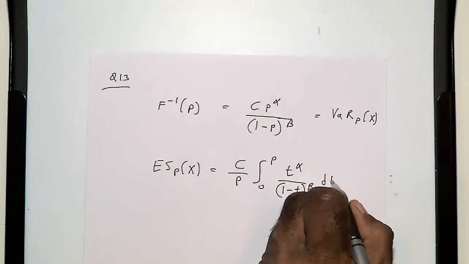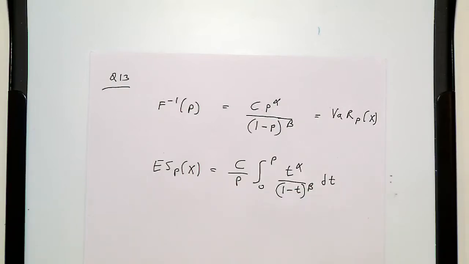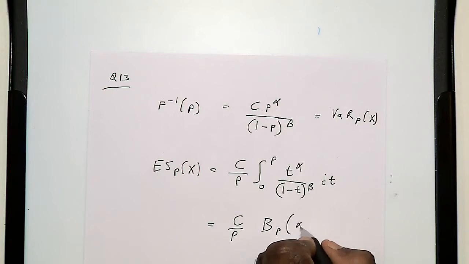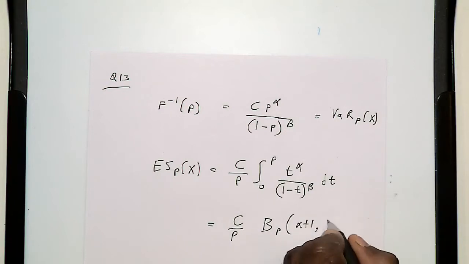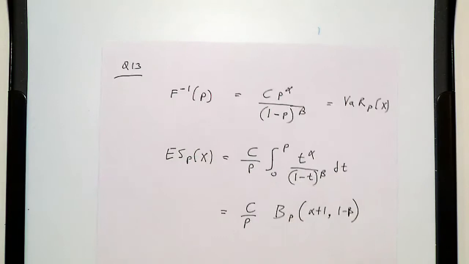Now you may remember something known as the incomplete beta function, which I introduced a couple of weeks ago. So using that, you can see what you have here is the incomplete beta function with a equal to alpha plus 1 and b equal to 1 minus beta. Do you guys remember this? Yeah, this is the incomplete beta function.